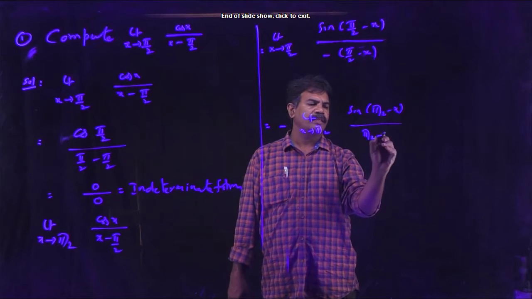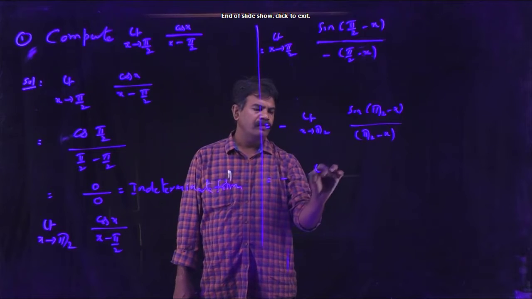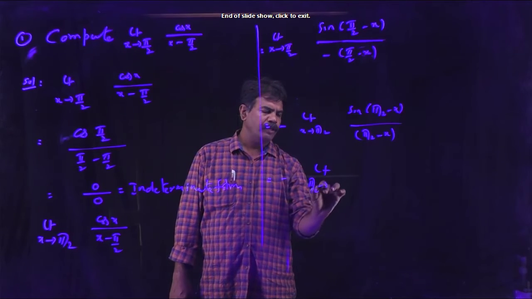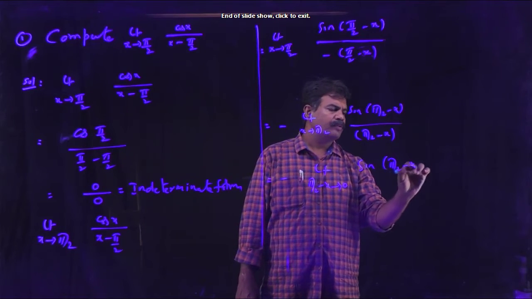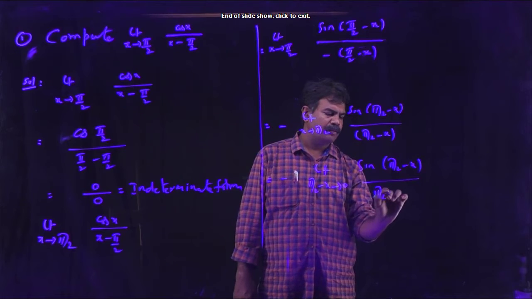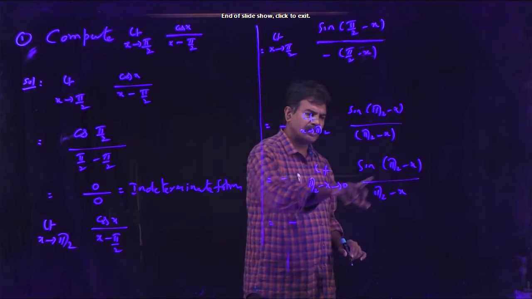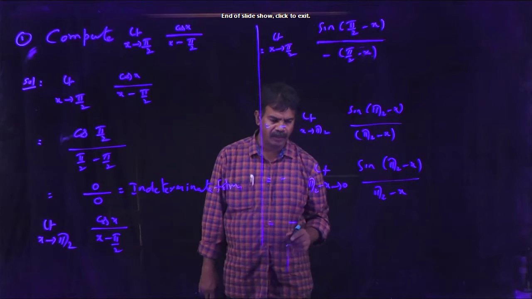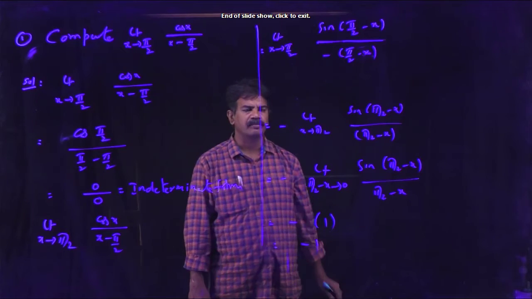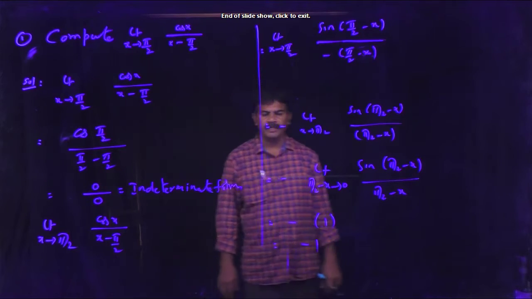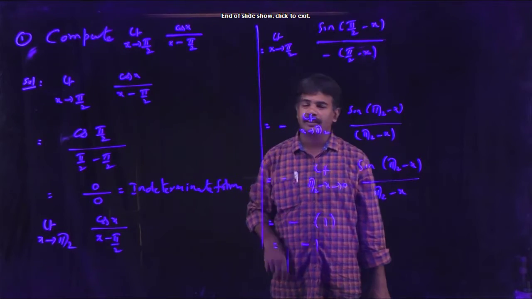That is equal to minus of, we can change the limit, pi by 2 minus x tends to 0, sin of pi by 2 minus x by pi by 2 minus x. That is equal to minus limit x tends to 0, sin x by x. Already we know the formula, that is 1. So it is equal to minus 1. So this is the limit value of the given function limit x tends to pi by 2, cos x by x minus pi by 2.